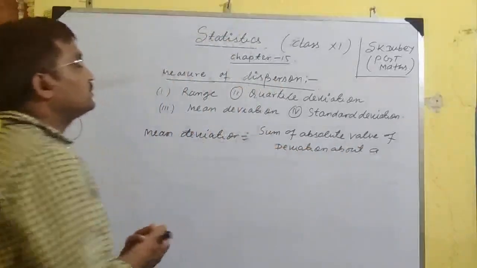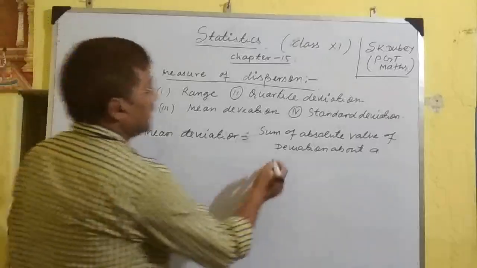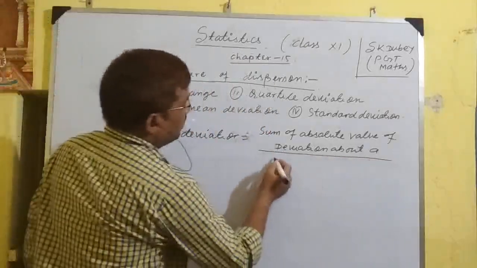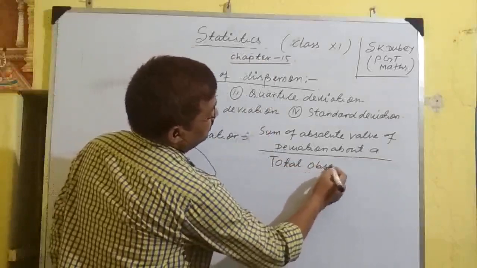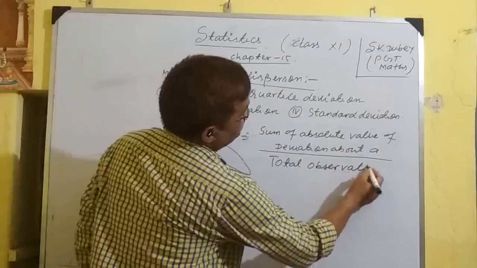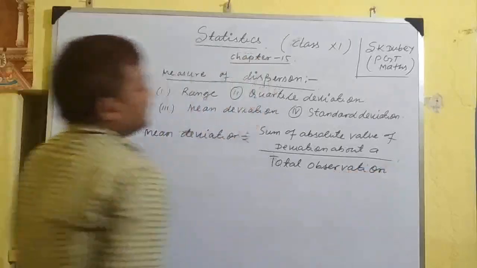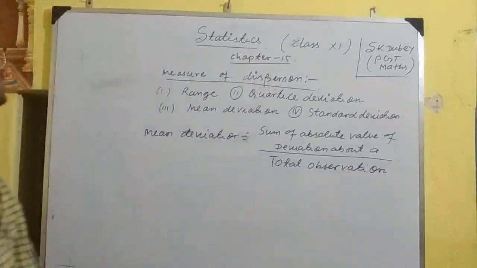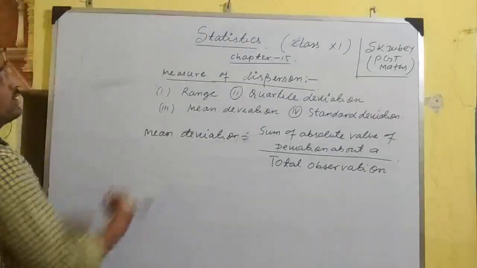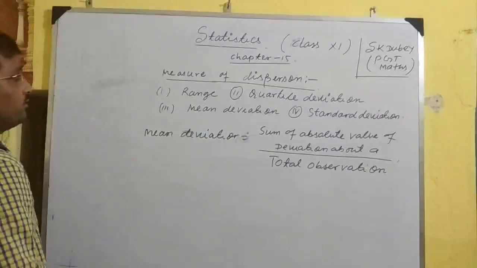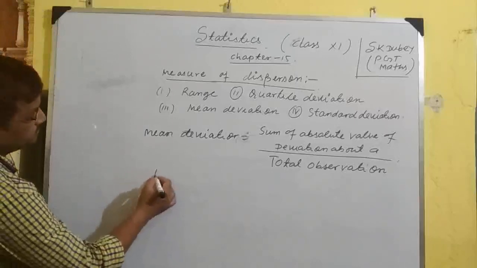The sum of absolute value of deviation about A divided by total observation is the mean deviation. Now, how to calculate the mean deviation of ungrouped data?